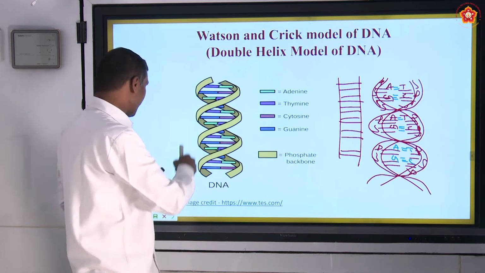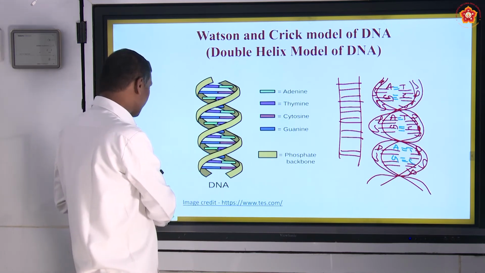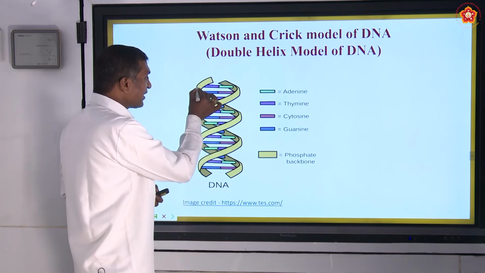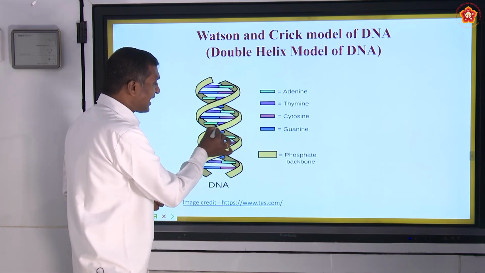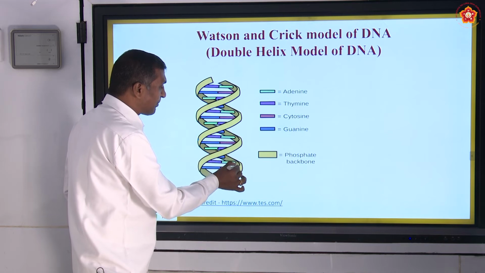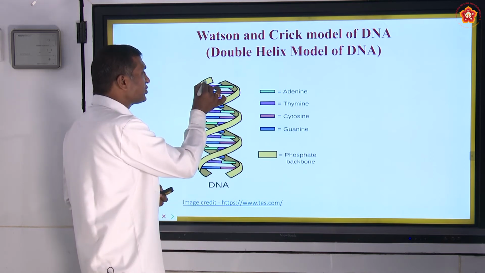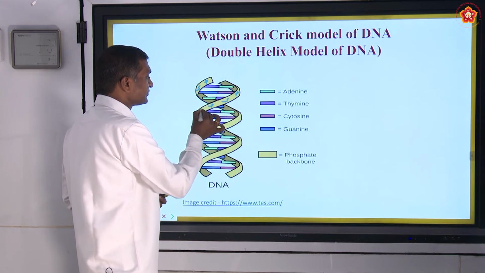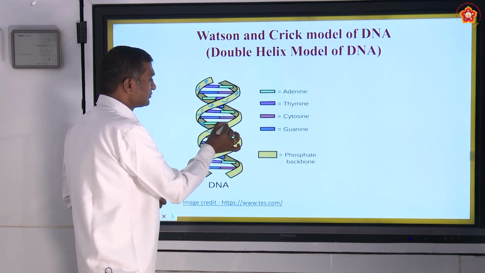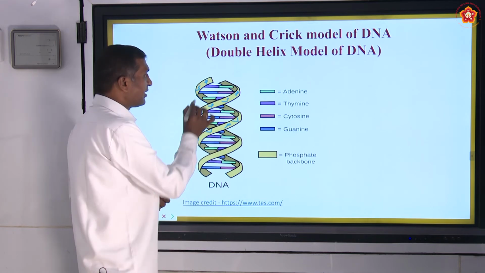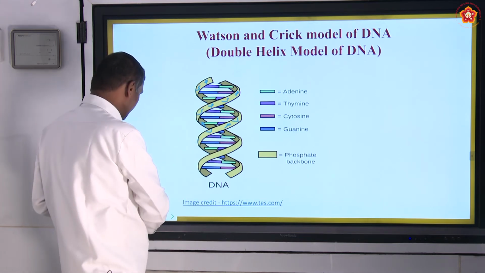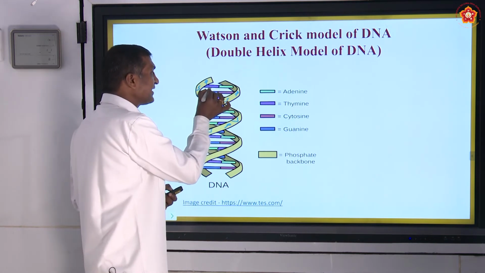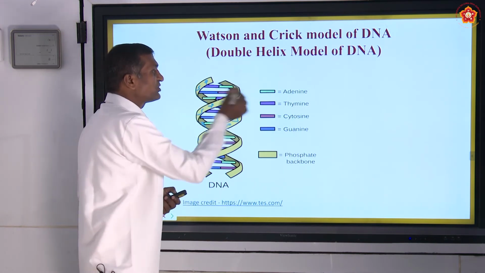You can observe very clearly the model of the DNA here. A twisted ladder where the ladder pillars are made up of phosphate and sugar, and the steps of the ladder have the nitrogen bases.